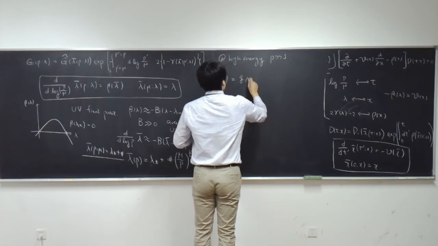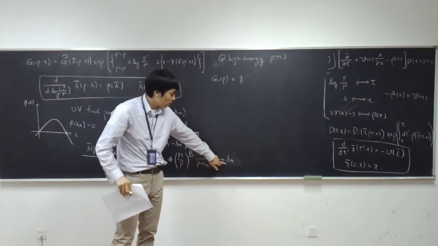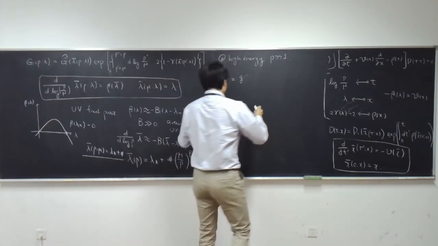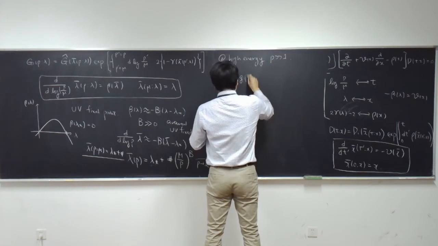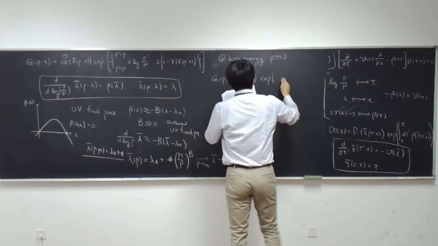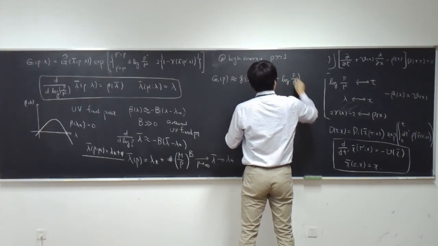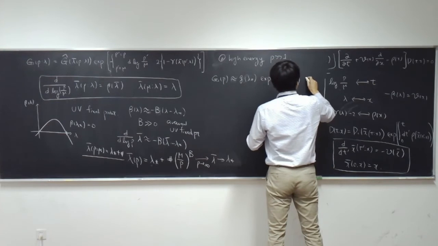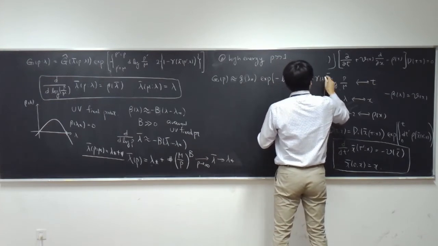Since at high energy lambda bar approaches lambda star, we can approximate this solution as follows: lambda star with exponential of minus integral d log P over mu, and you just have 2 minus 1 minus gamma of lambda star.